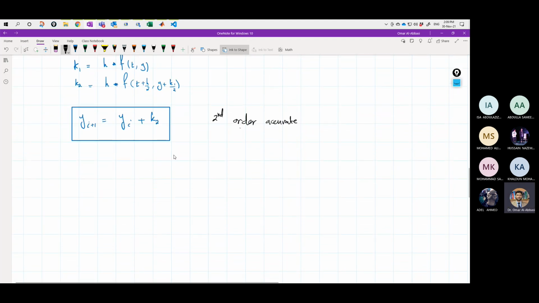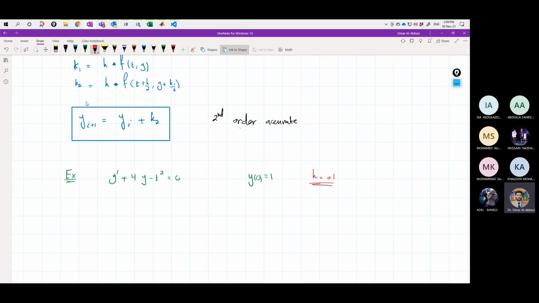So guys, let's do the same example. y prime plus 4y minus t squared equal to 0. Initial condition y at 0 equal to 1. Let's use the same time step 0.1.